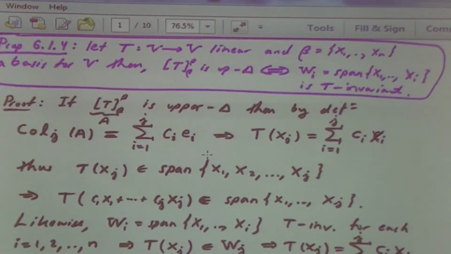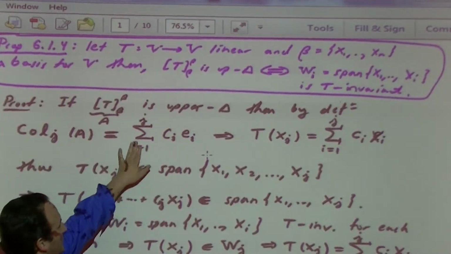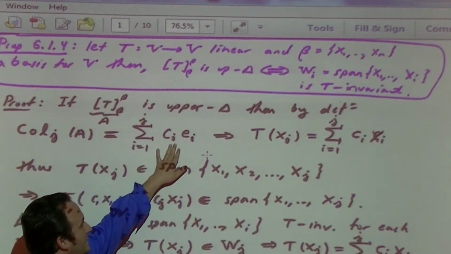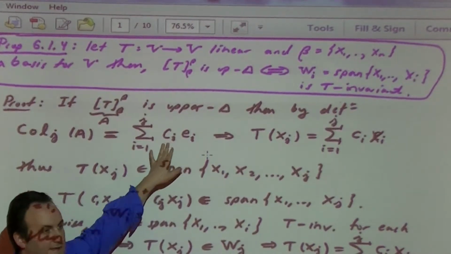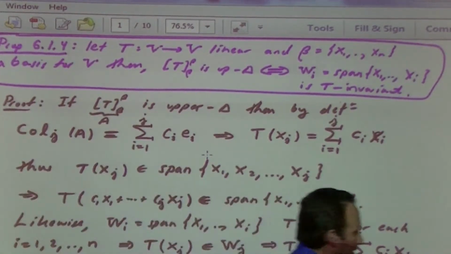All right. So let's just go through the calculation here. It's not hard. Suppose that the matrix is upper triangular. What does that mean? If you look at the jth column, you can form it from sums from i equals 1 to j of the standard basis. That's immediately obvious if you look at a triangular matrix.